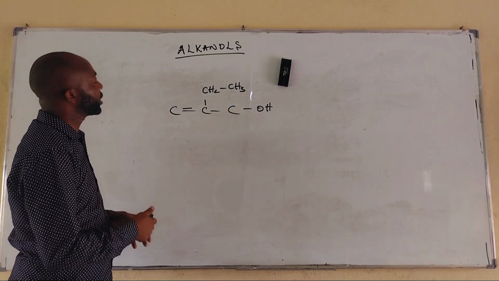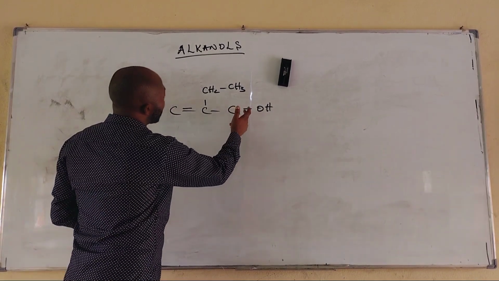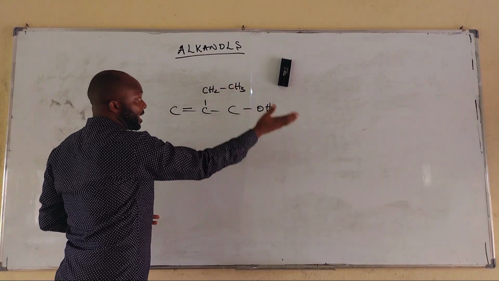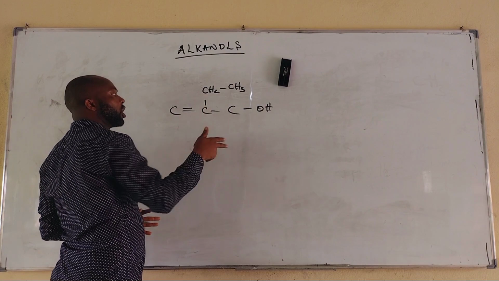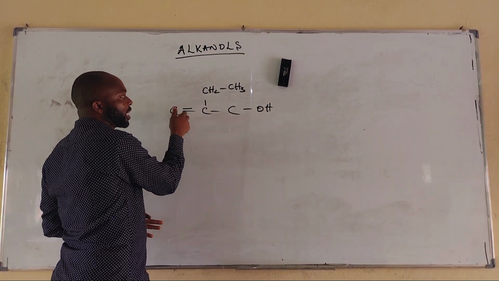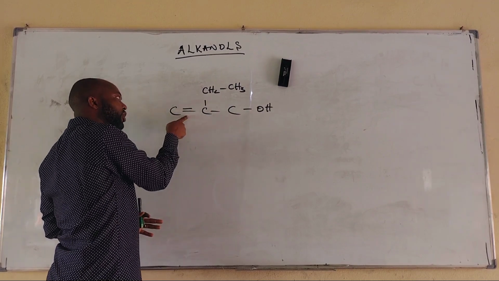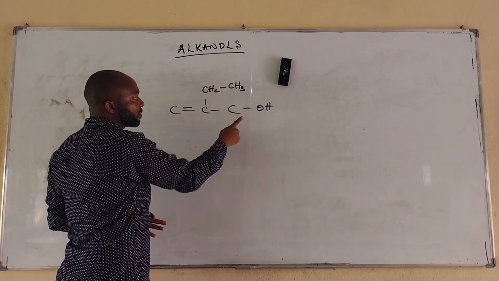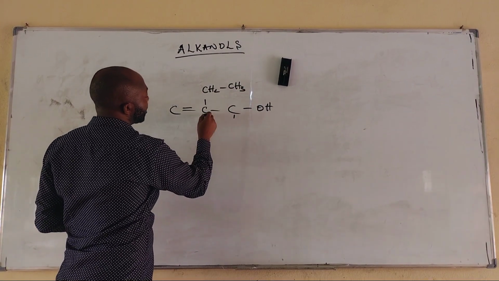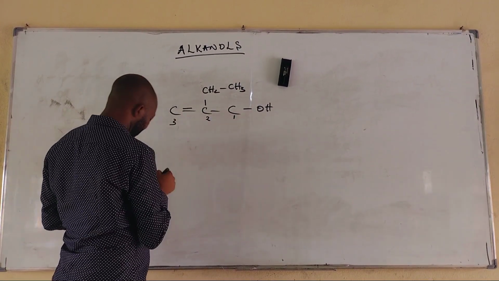So we want to name it, first of all, our parent chain here. Normally, if you want to count, you say 1, 2, 3, 4, butane kind of parent chain. But according to the rule, it must contain the double bond. The parent chain must take in the double bond. So preference is given to the double bond before this. Because of that, we go straight and not this way. So that becomes 1, 2, 3.